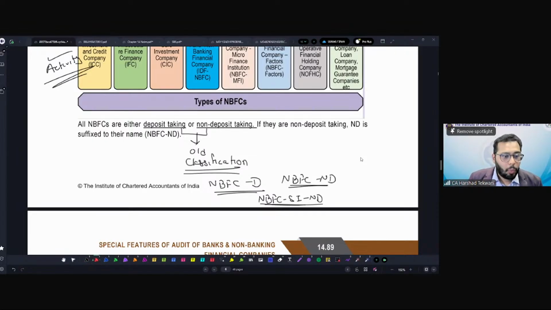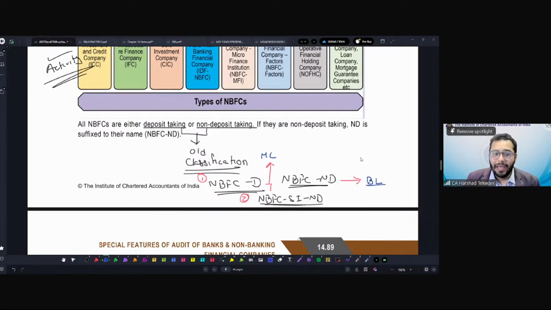Now for these two NBFCs, D and SI-ND, the NPA norms were already 90 days earlier, and they both merged into your middle layer. ND basically went into your base layer.